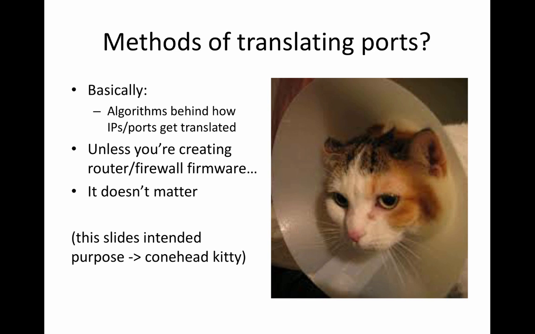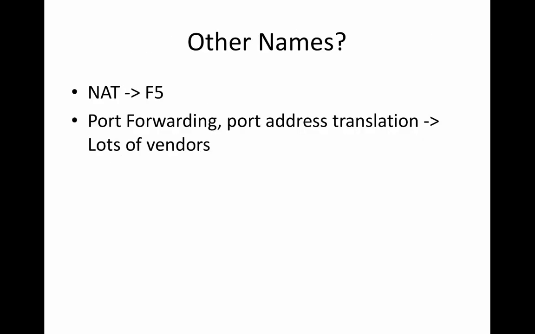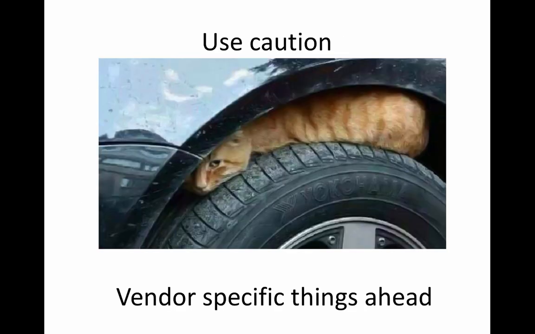If you think about the direction of traffic, it's going to look like a cone or a funnel. So there's full cone, partial cone, reverse cone NAT. If you start looking at stuff like that, just be aware that there's going to be talk of cones. And at no point in any firewall or any networking book is there ever going to be discussion of cones. They've all renamed everything.